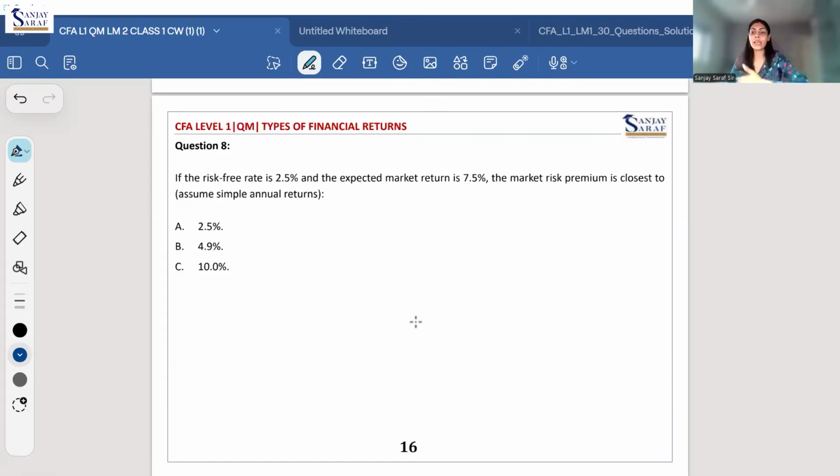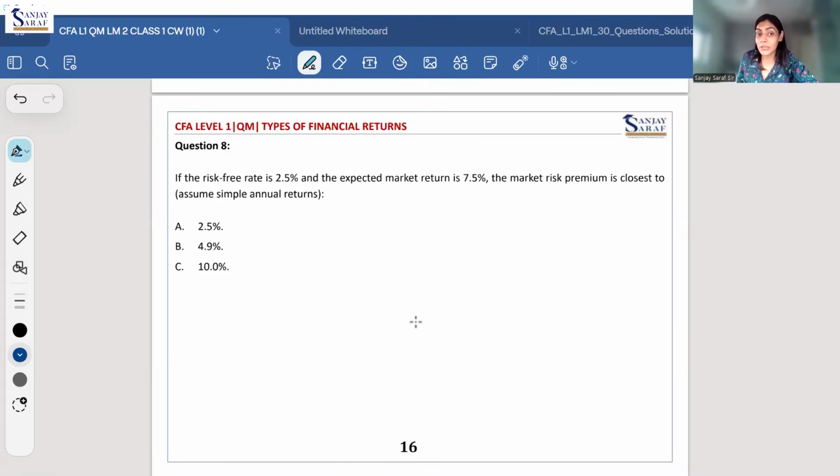Simple annual returns का कहने का मतलब है हम simply subtract कर सकते हैं. अगर फिशर इक्वेशन होता तो हमको फैक्टर डिवाइडेड बाय फैक्टर करना होता. ठीक है, तो रिस्क फ्री रेट 2.5 है, एक्सपेक्टेड मार्केट रिटर्न 7.5 है. इसका मतलब जस्ट बिकॉज वी आर इन्वेस्टिंग इन द मार्केट, the additional return we demand is 5%. So the correct answer is B.